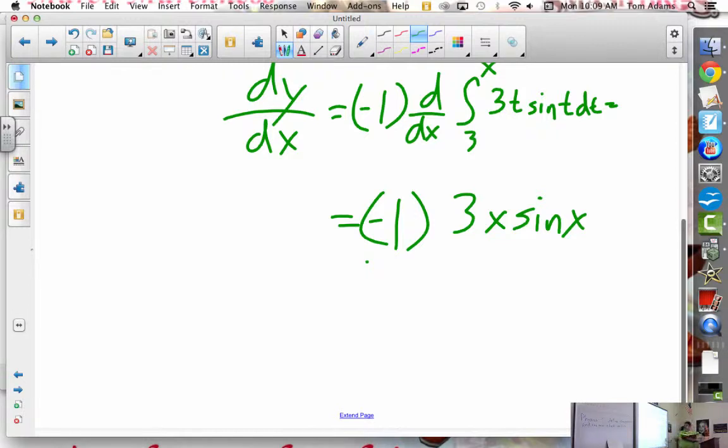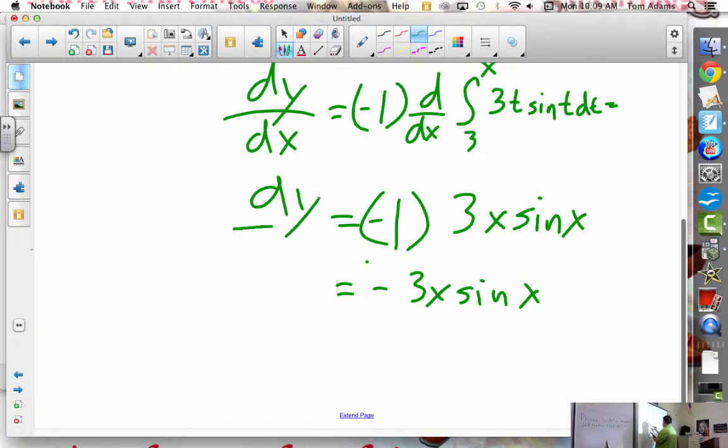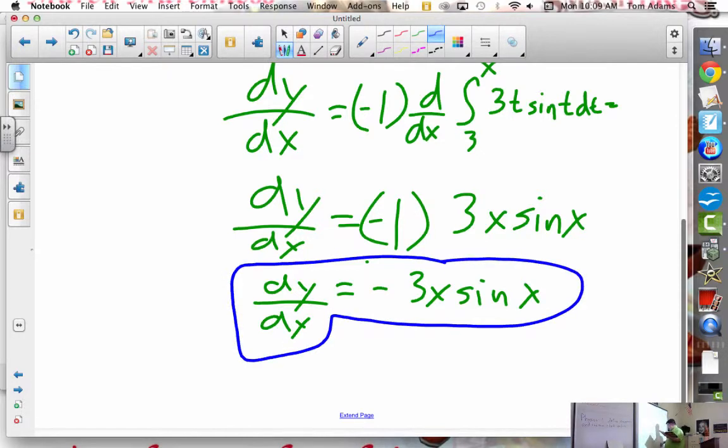Okay? So now if I finish this all the way through, I get -x sine of x. So dy/dx equals -x sine of x, and that is it. Not too hard.